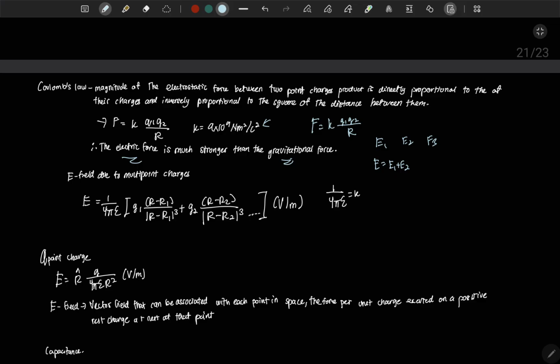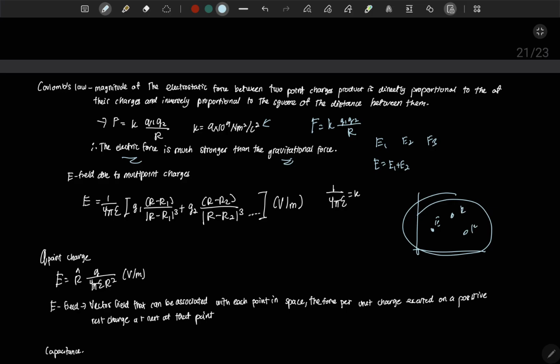Now what is an electric field? An electric field is something that can be associated with each point in space. Maybe if we have a graph, then we have E here, E here, and E here, so the electric field is the combination of these three E's.